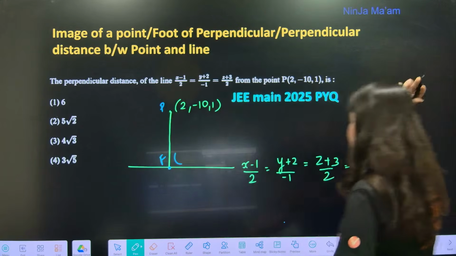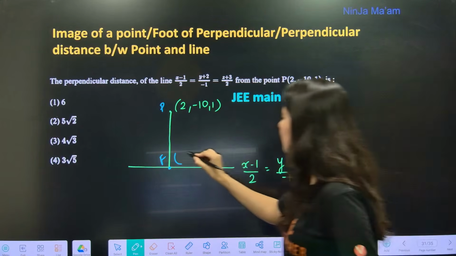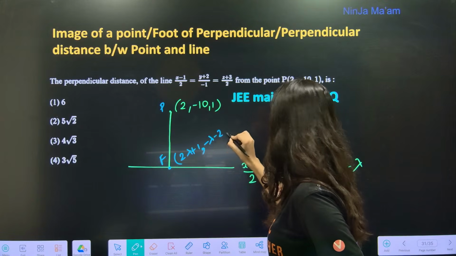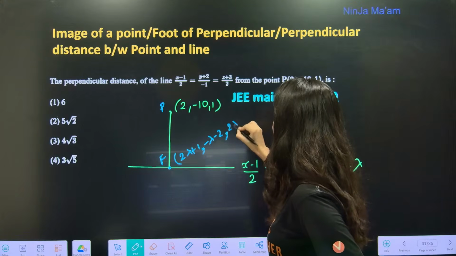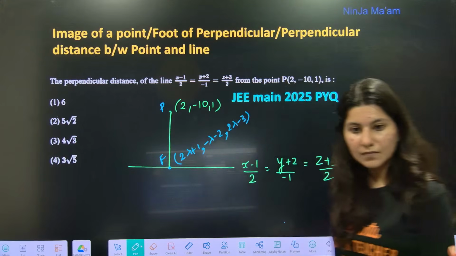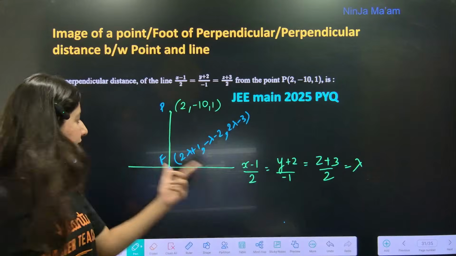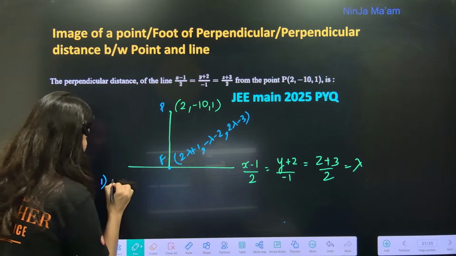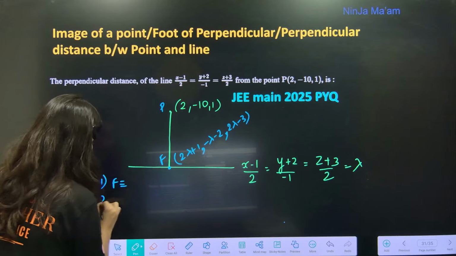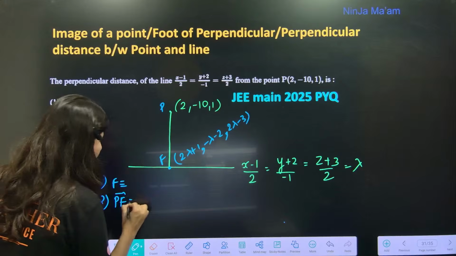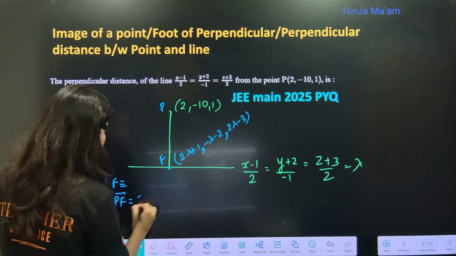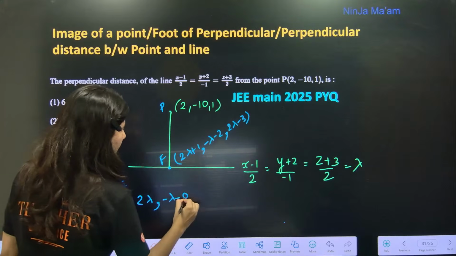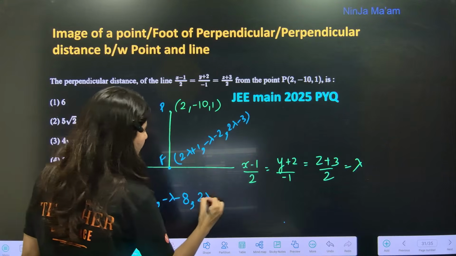So assume F: 2 lambda plus 1, minus lambda minus 2, 2 lambda minus 3. Now the moment it is here, now PF vector. First step, assume F. Second step, PF vector. Everybody tell me: 2 lambda, minus lambda minus 8, 2 lambda minus 4.